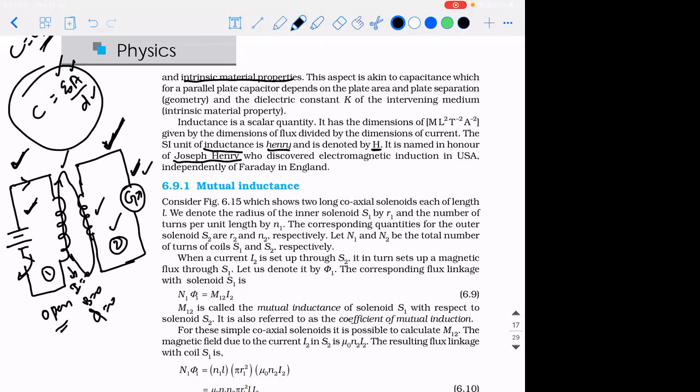Am I clear, guys? In mutual inductance, you will have two devices, one called the primary and the second called the secondary. What do you mean by a primary device? The primary device is the one connected to the battery source. The secondary device is the one in which EMF is induced.